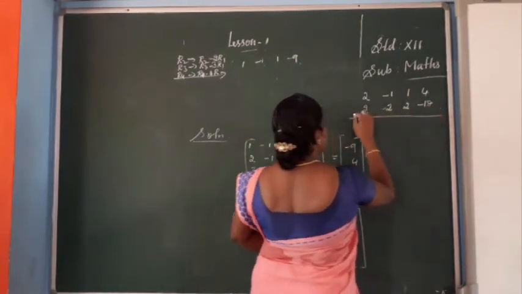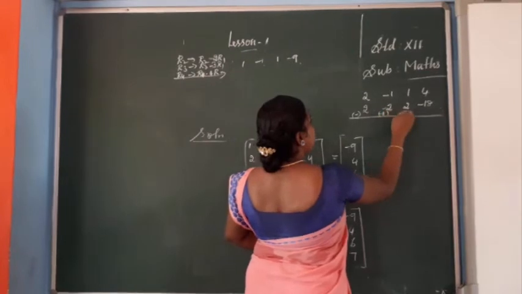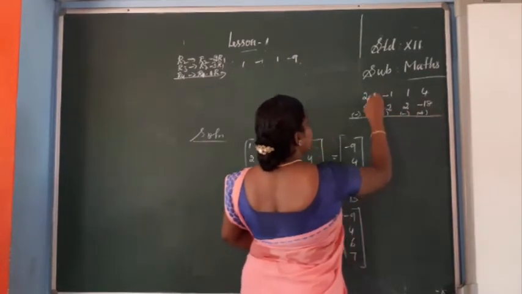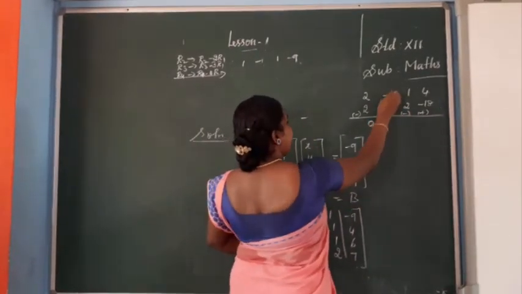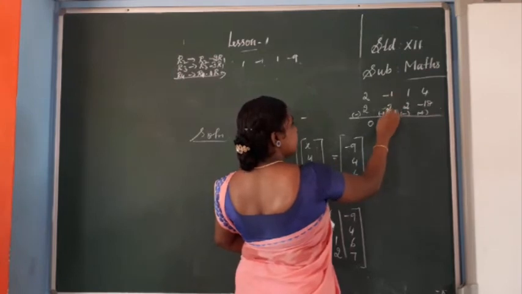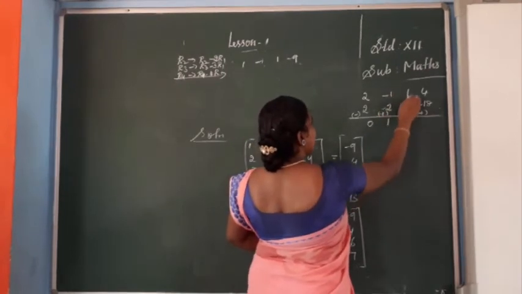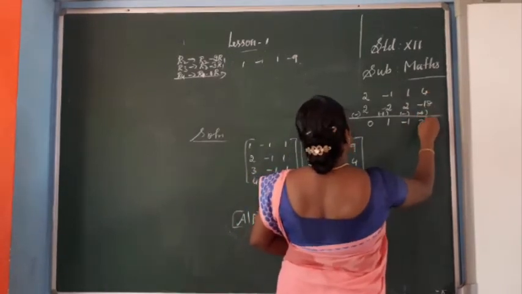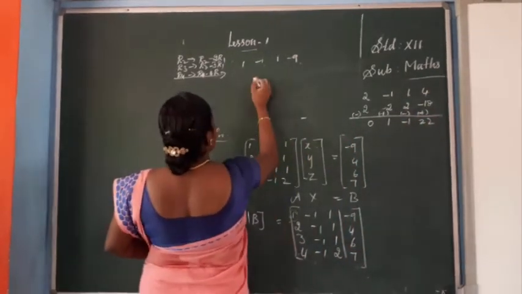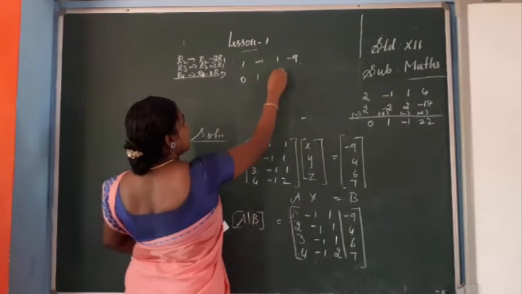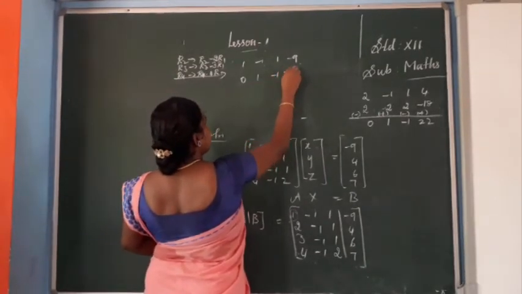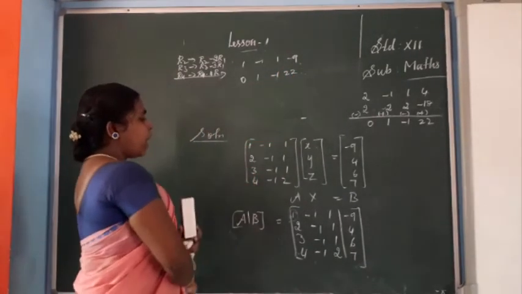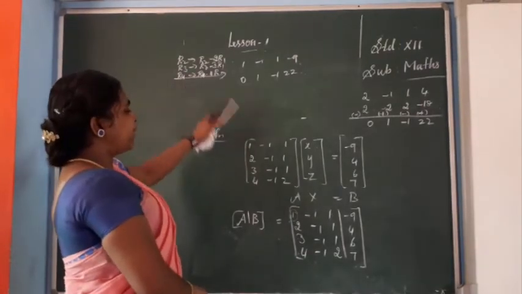Now subtract: minus plus, minus plus. 2 minus 2 is 0. Minus 1 plus 2, greater is positive, so 2 minus 1 is 1. 1 minus 2 is minus 1. 4 plus 18 is 22. So 0, 1, minus 1, 22.